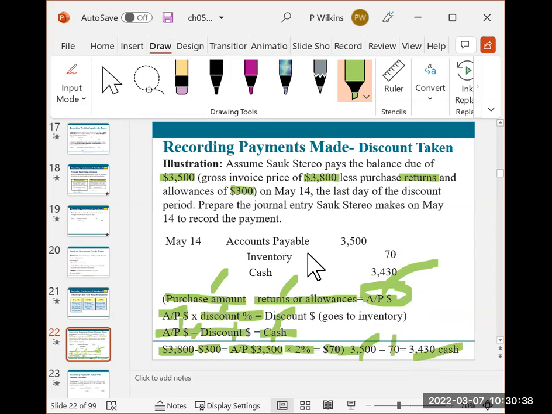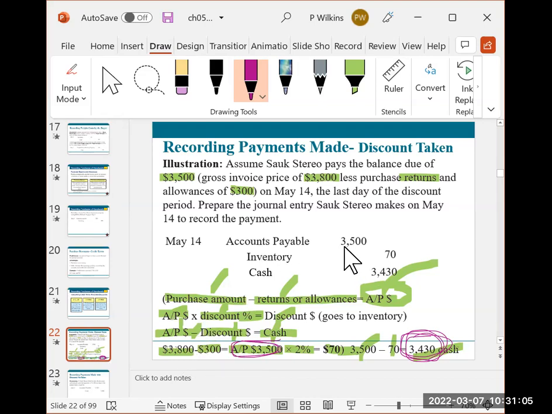So first of all, pays or paid tells us we're going to be crediting cash. How much are we going to credit cash? Well, $3,430. We just figured it out. We're reducing the amount that we owe. Accounts payable is a liability, so we are going to be debiting it to make it go down. How much are we debiting accounts payable? It's $3,500, the purchases minus returns or allowances.